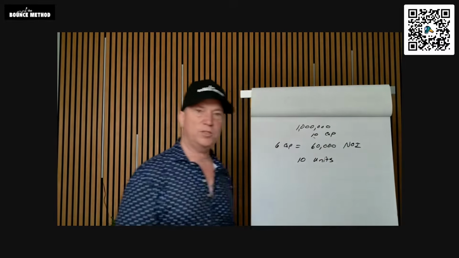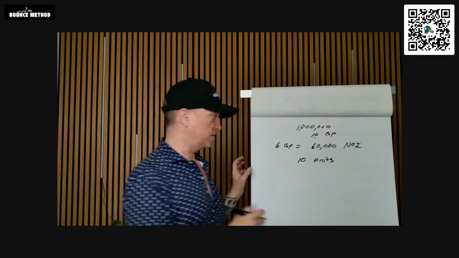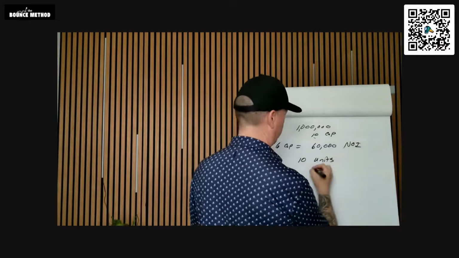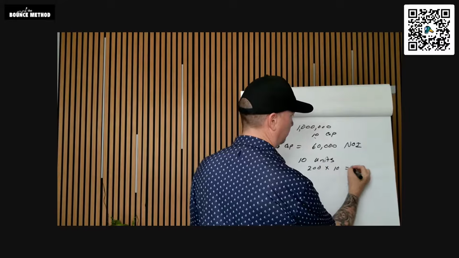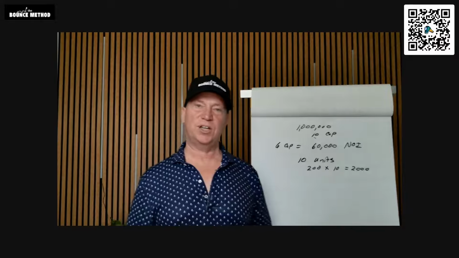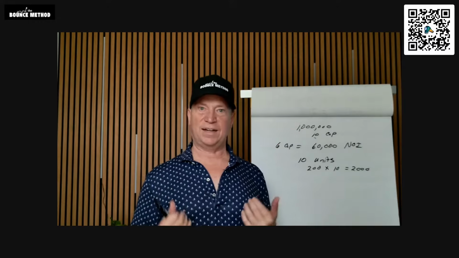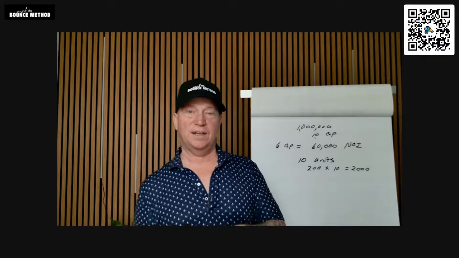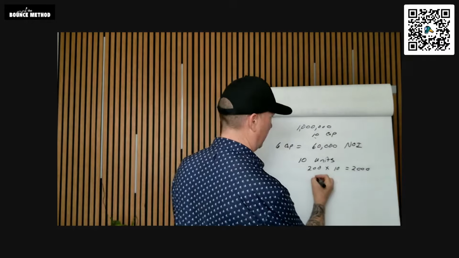And on each one of those units, we're going to increase the rent by $200. That is a $2,000 increase per month in our net operating income. Now, over the course of the year, that is $24,000. Okay, $24,000.